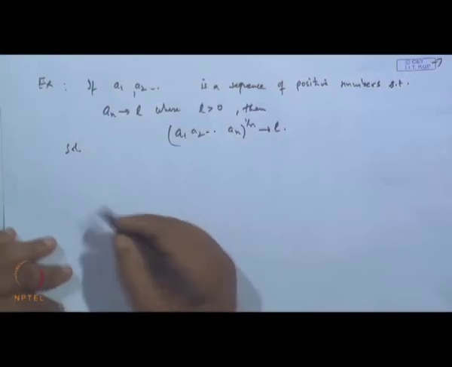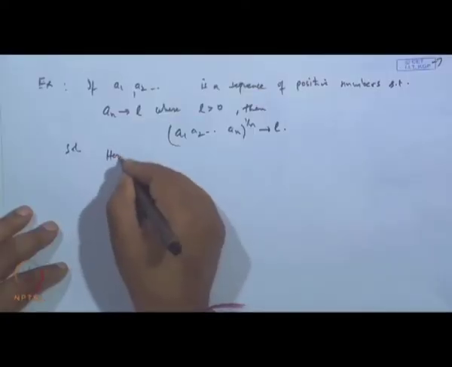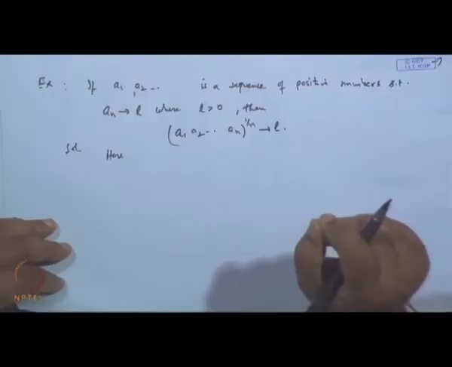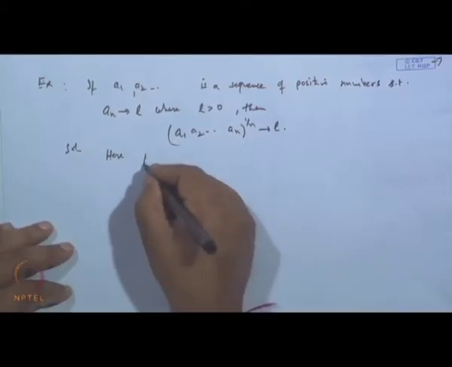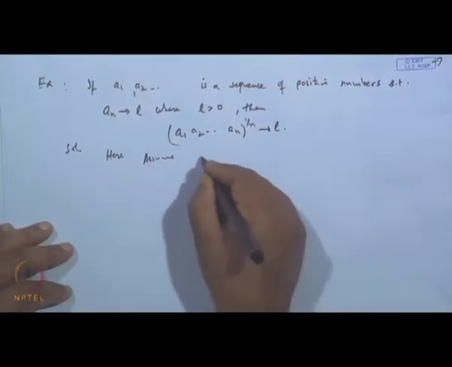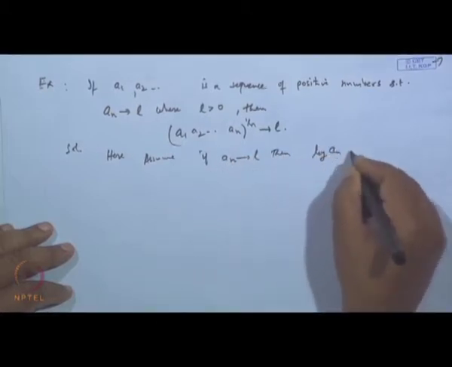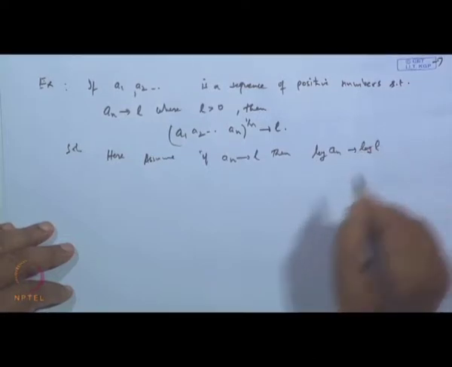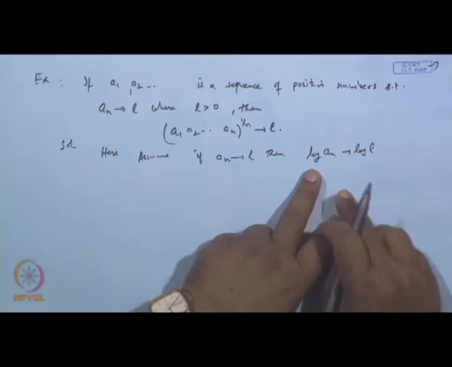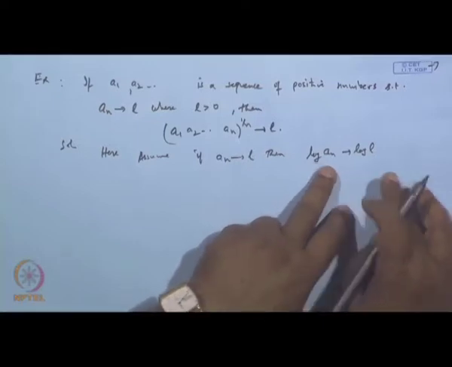The solution is based on the previous Cauchy theorem, the first theorem on limits: if a n goes to L, then the mean value (a1 plus a2 plus ... plus a n) by n will also go to L. Here we assume that if a n converges to L, then log of a n will go to log L. In fact, we will show that log is a continuous function for positive values, well defined.